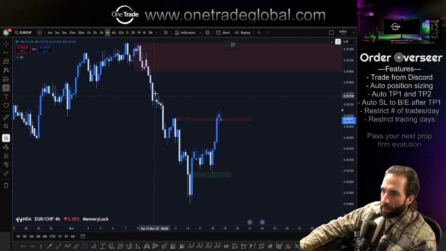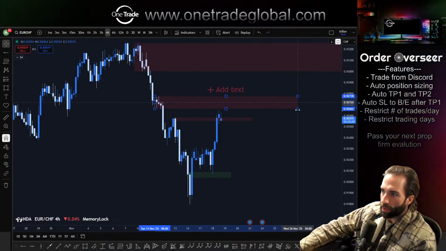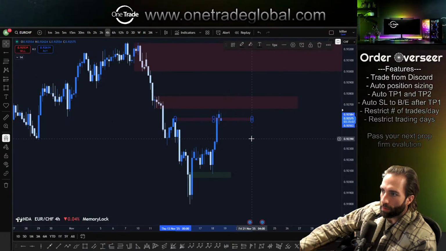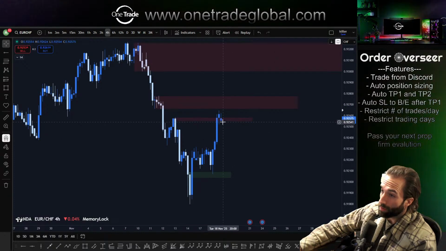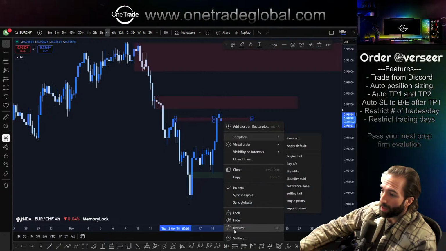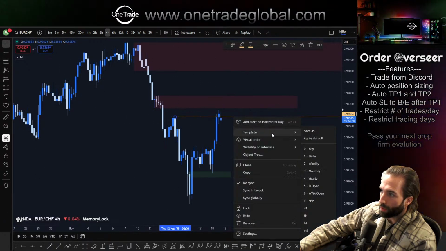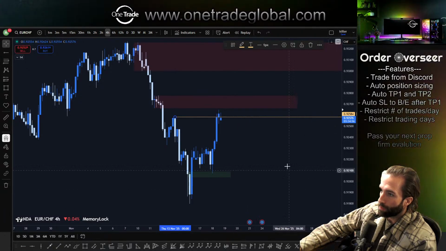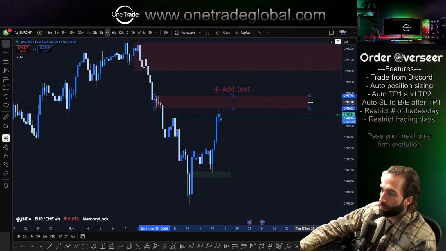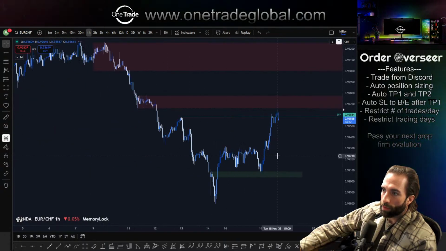I like this zone in particular more than this one. In fact, I'd rather reduce this zone to just a single level. Just drop down to H1.